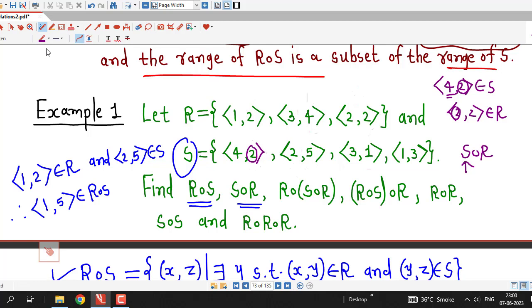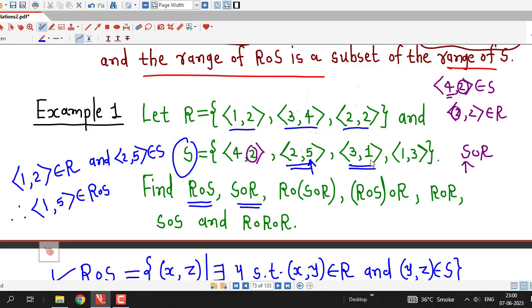So here now I concentrate on this ordered pair 2 5 belongs to S, second component is 5. So I have to search in relation R whether there is any ordered pair having first component 5. So there is no ordered pair in relation R having first component as 5. So now I come here.